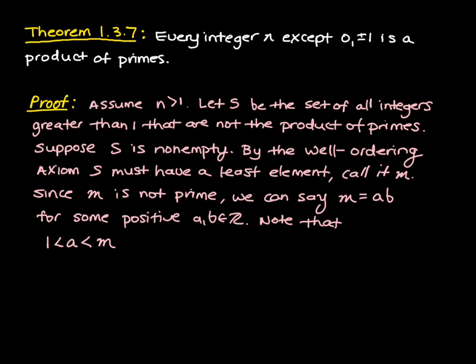The reason that A is strictly greater than 1 is because we're assuming that M is not prime. So M has factors that are not 1 and itself, and we're choosing 2 of those factors to be A and B. So that means that we can bound A by 1 and M, and similarly for B. But if we have A and B strictly less than M, which is the least element of our set, then A and B can't be in S.